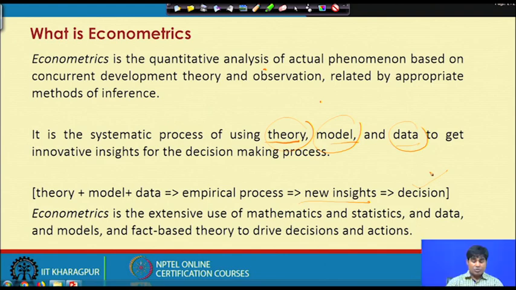So, econometrics altogether is an extensive use of mathematics, then statistics, and as usual I have discussed that there is a requirement of data and models, and then a fixed base kind of theory to obtain the decisions and actions as per the particular engineering requirement.